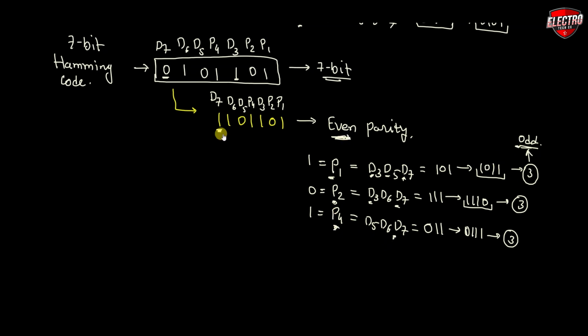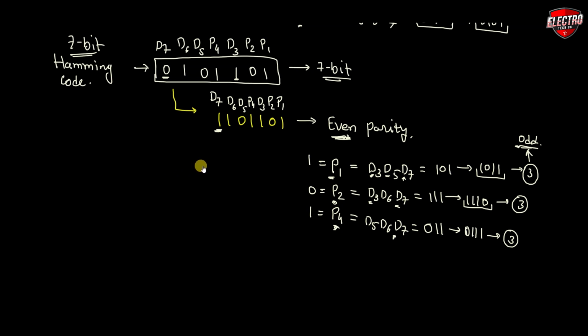Clear? That means the error is over here, the D7 bit, because all these parity bits depend on the D7 bit. If D7 changes, then the parity bits also change, because they all depend on that bit. This way, we can easily identify an error bit in a given 7-bit Hamming code.